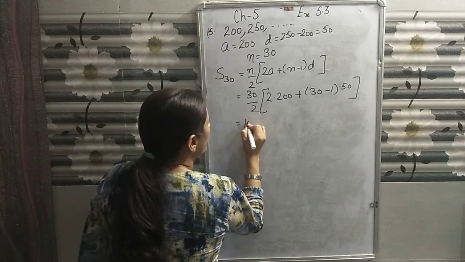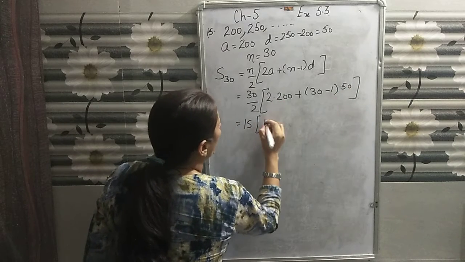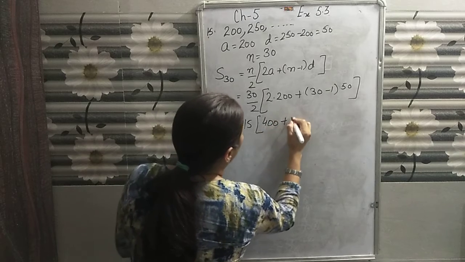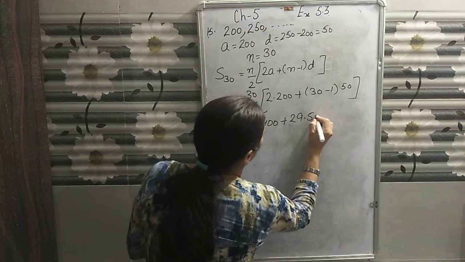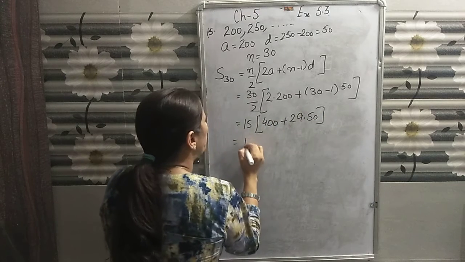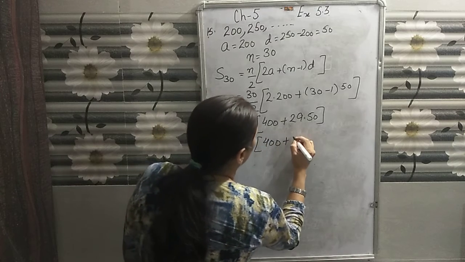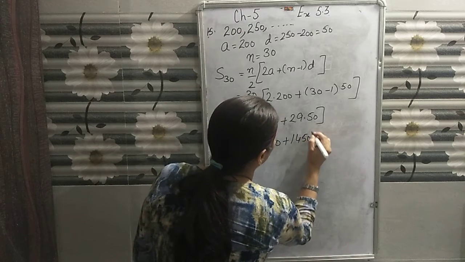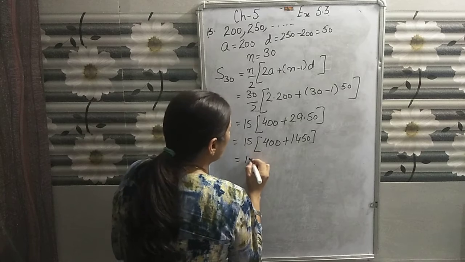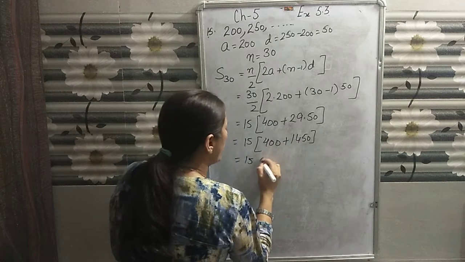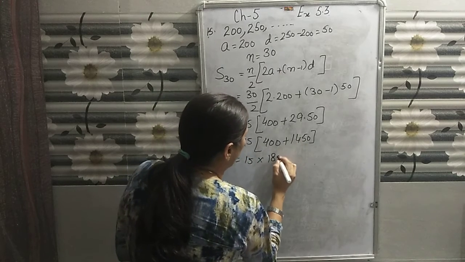So this is 15 into 400 plus 29 into 50. 29 into 50 is 1450. So 15 into 400 plus 1450 is 1850.